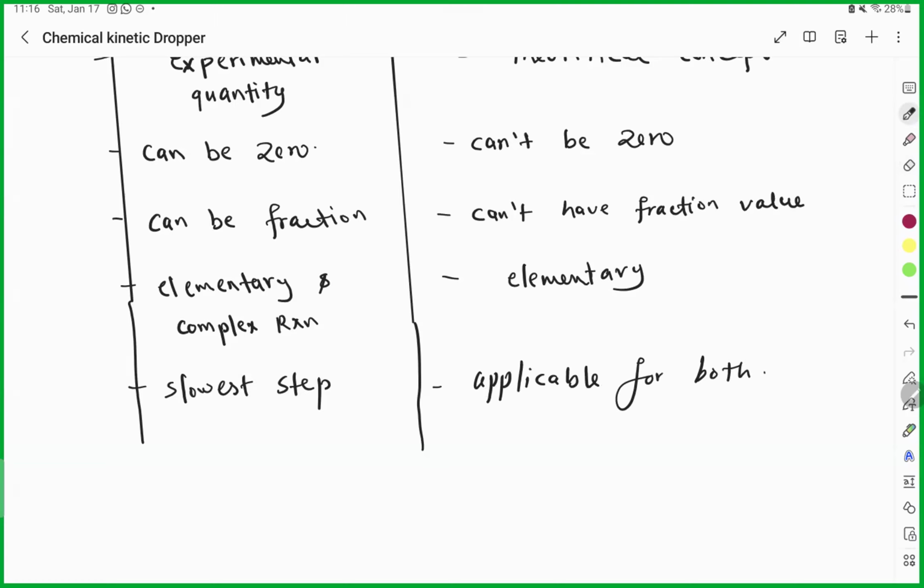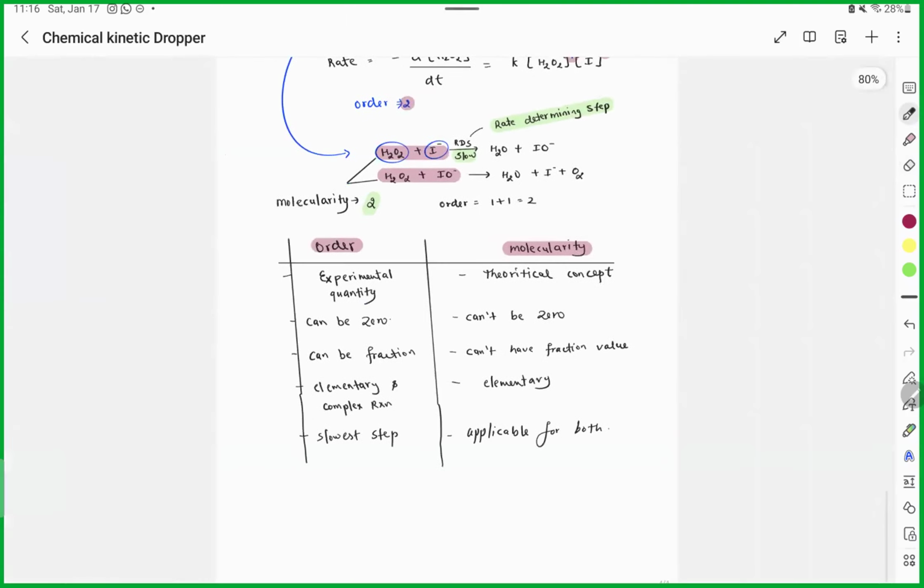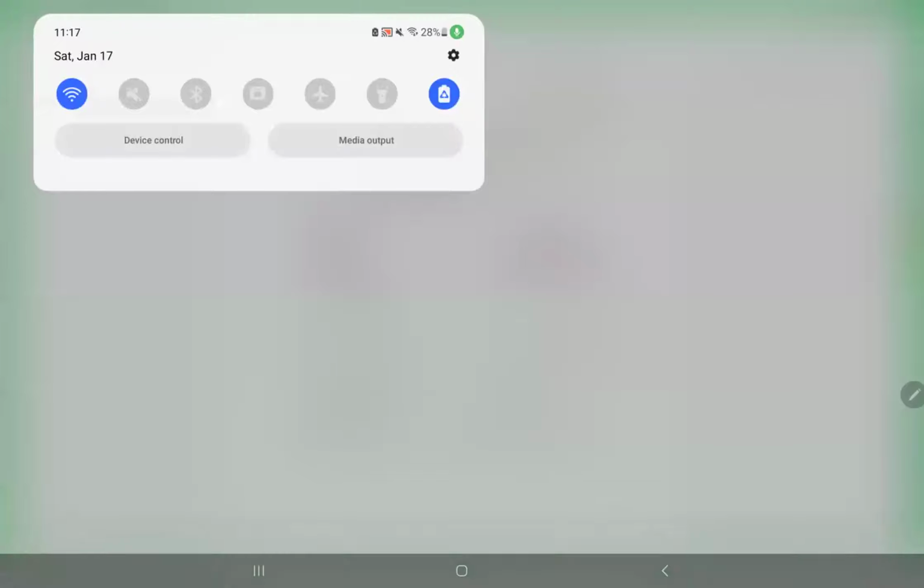Tell me guys, any doubt? No, sir. So this is what we'll do today. I wanted to finish zero order, first order, half life, and pseudo first order. But I am tired, and I think we have still covered almost 50% of the portion.